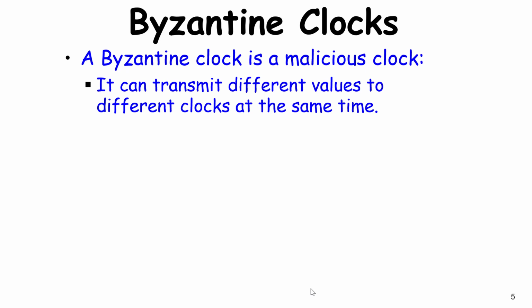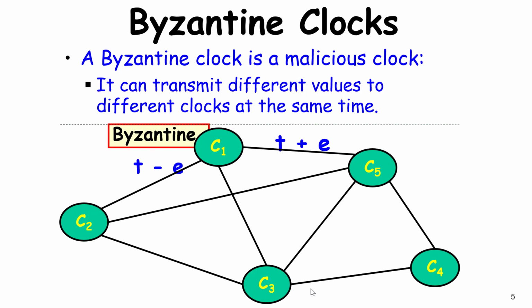It can transmit different values to different clocks at the same time, which is something that we don't want. If clock C1 in this case is a Byzantine clock, it can transmit T minus E to C2 and T plus E to C5 both at the same time, which is not allowed. But given that it is malicious, it can do that.